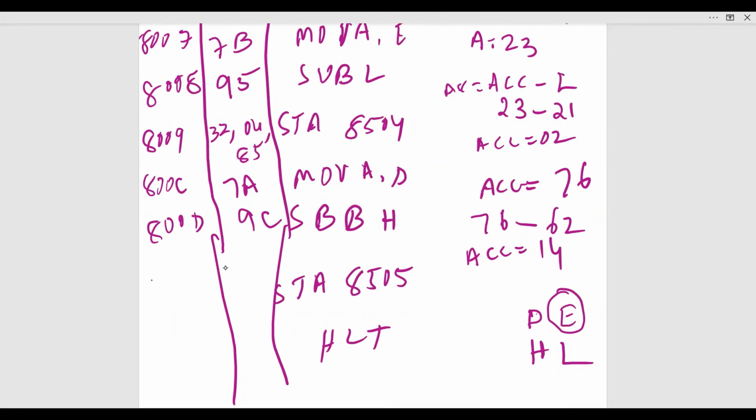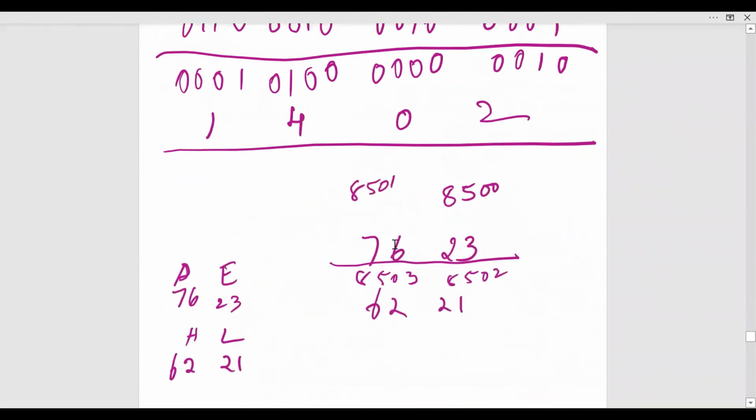So D, it will start with the E. So E 32, 05, 85. So E, F, then it becomes 10. Because 10 is nothing but 10 in hexa. Now it becomes 8011. HLT is 76.